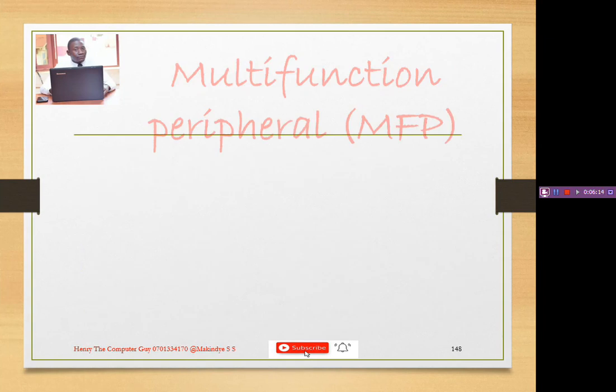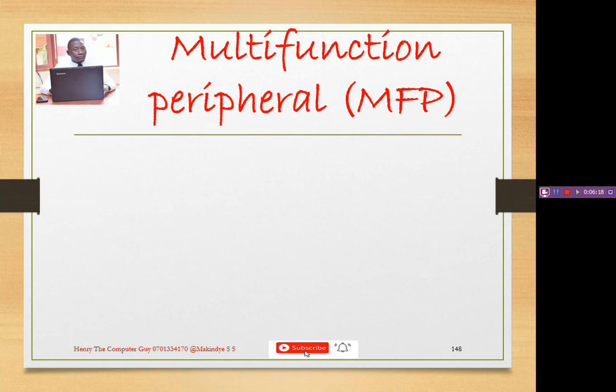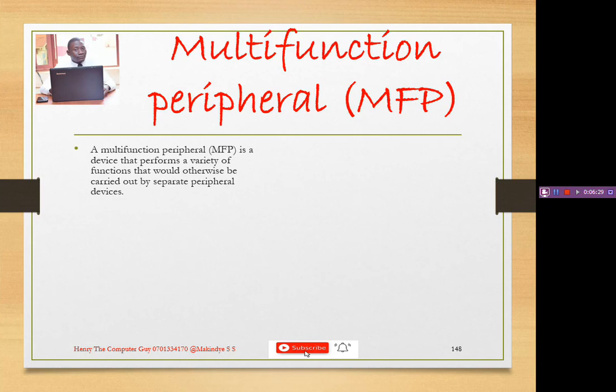We continue, and let's talk about what we call multifunctional peripherals. Having talked about a peripheral, let's talk about a multifunctional peripheral, sometimes referred to as the MFP. So what is a multifunctional peripheral? It is a device that performs a variety of functions that would otherwise be carried out by separate peripherals.